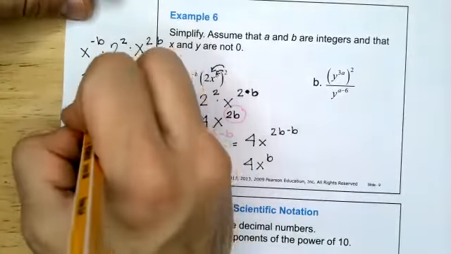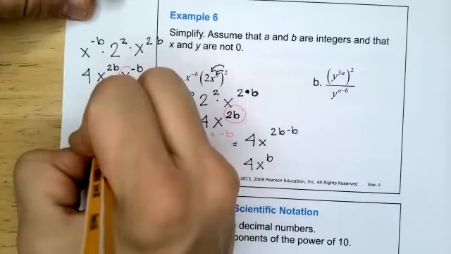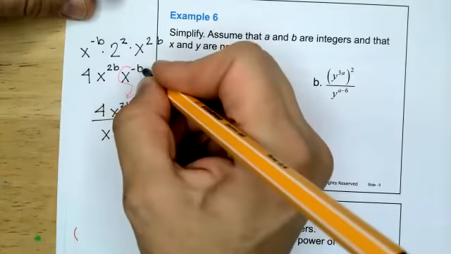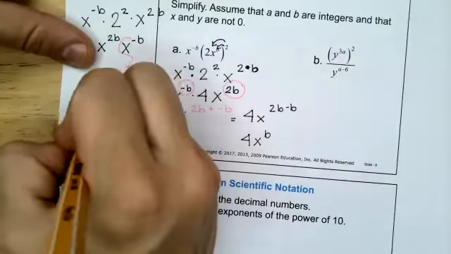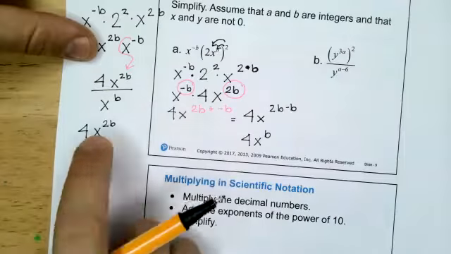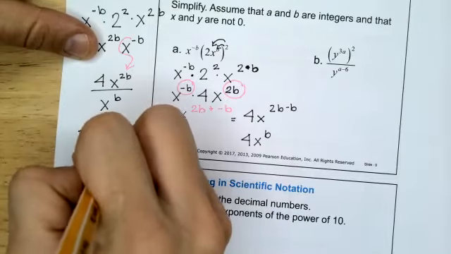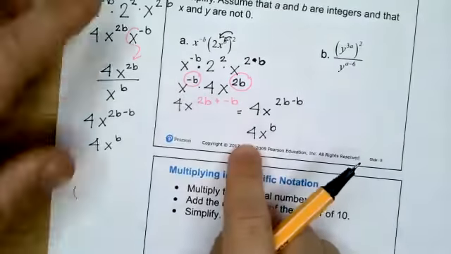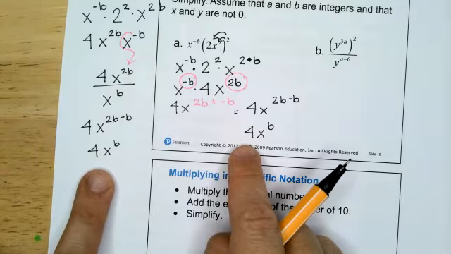Now you have 4x to the 2b over x to the b, because it goes from a negative b to a positive b. But you can keep going. x to the 2b over x to the b, what's the rule for when we're dividing? You just subtract. So there are two different ways to get to it. But either way, it's 4x to the power of b.